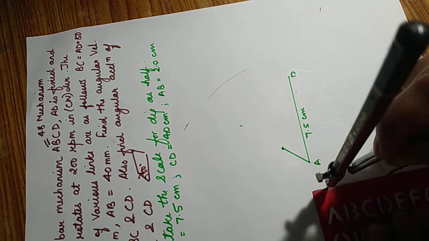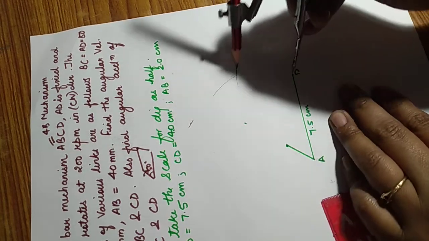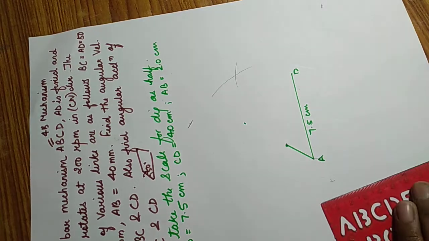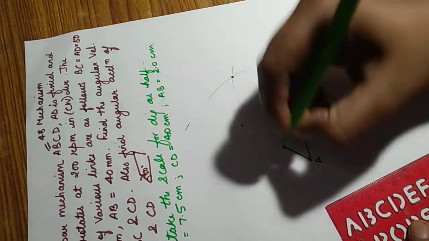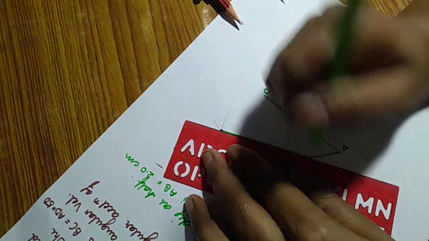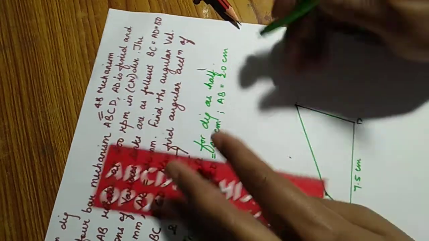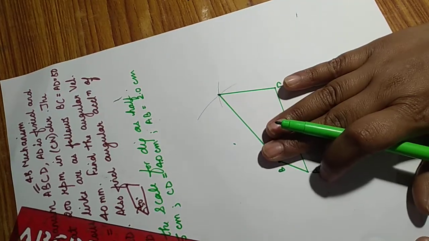Okay, this is 4 centimeter now. I am going to put it over here and then mark it. So we have this point as a connecting point. If this point is B, then this point is C. So we are just going to mark this, and then join C and D together. We will get the entire figure. This is the figure that we are supposed to get, and this is the diagram.